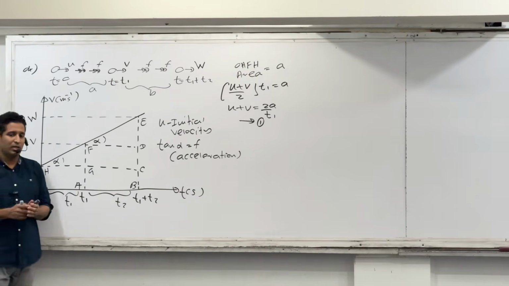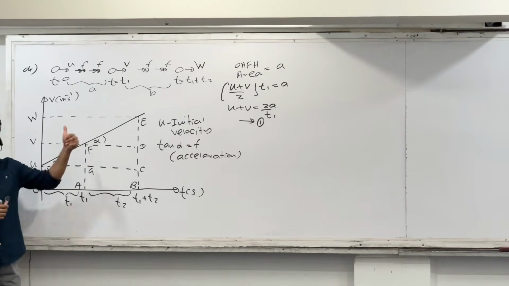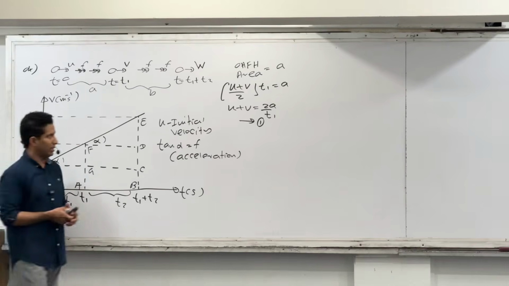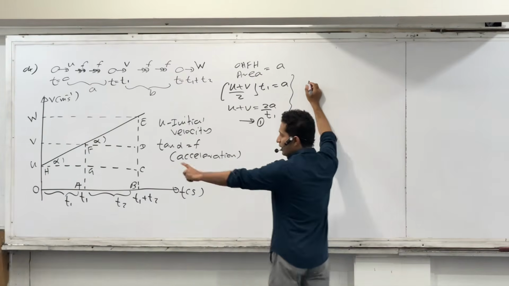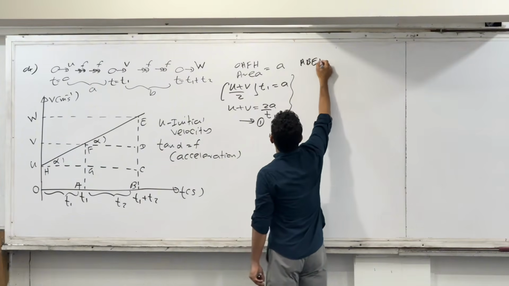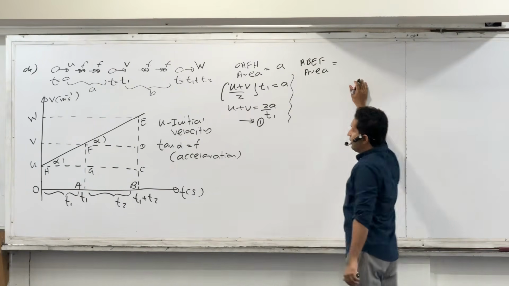Anyhow, our target is finding tan alpha, the acceleration. To find tan alpha, sometimes these results will be helpful. That's why I am writing them. And again, you can say ABEF area. Now this is the displacement in the next t2 time.